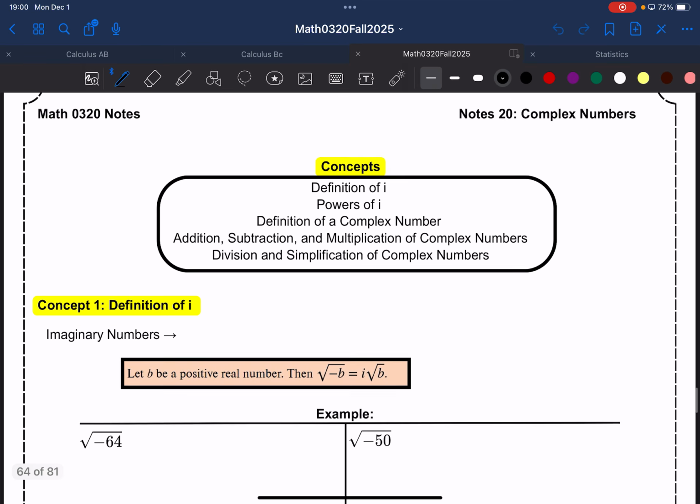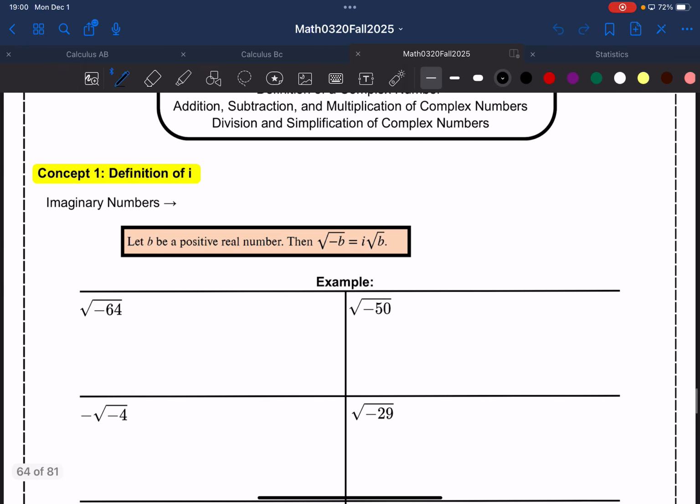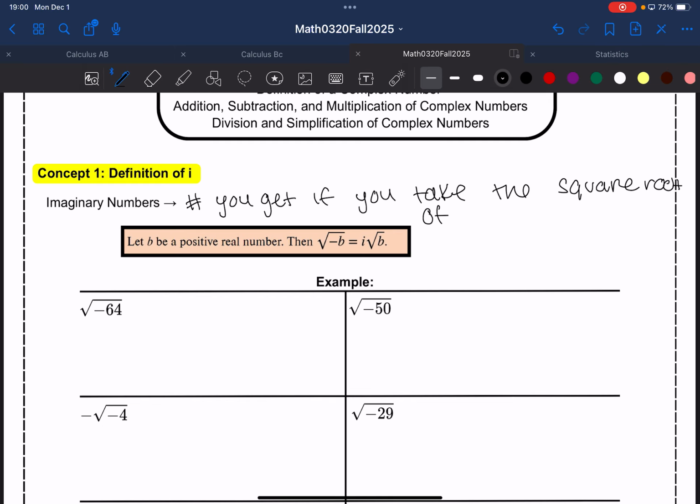So giving you the formal definition, imaginary numbers are numbers you get if you take the square root of a negative.